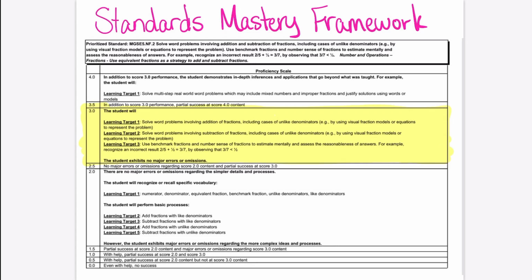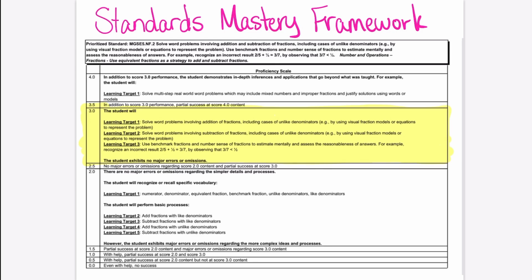We'll need to be able to use visual fraction models or equations to represent the problem as well. And finally, we'll need to be able to use benchmark fractions like 1/2, as well as number sense of fractions, to estimate mentally and assess the reasonableness of your answers. So for example, recognize an incorrect result like 2/5 plus 1/2 equals 3/7. We know that that can't be true because we know what 1/2 looks like, right?